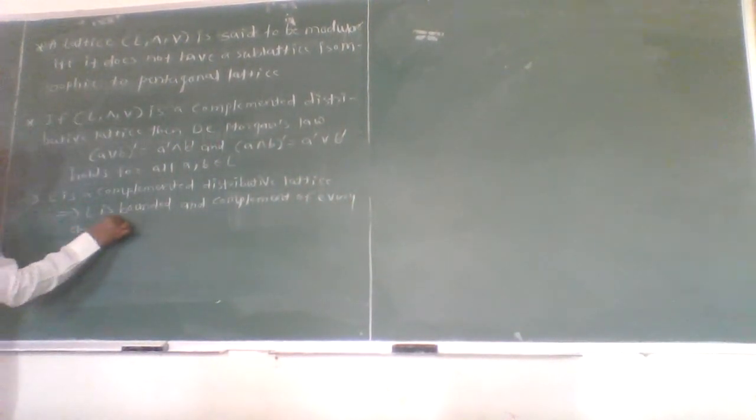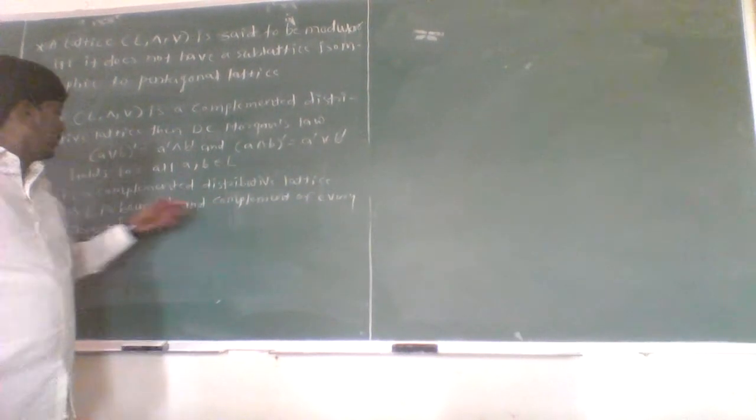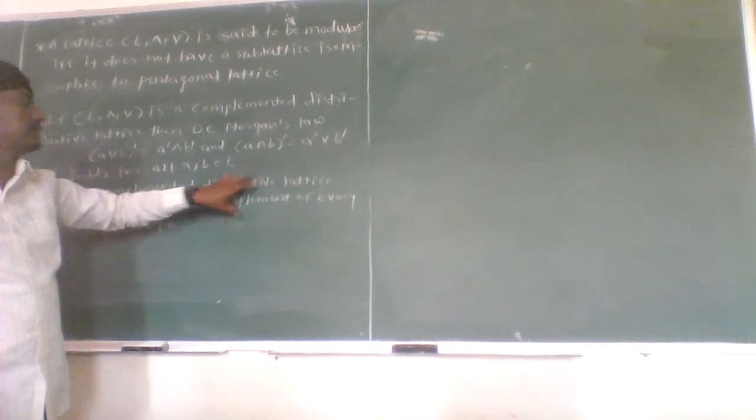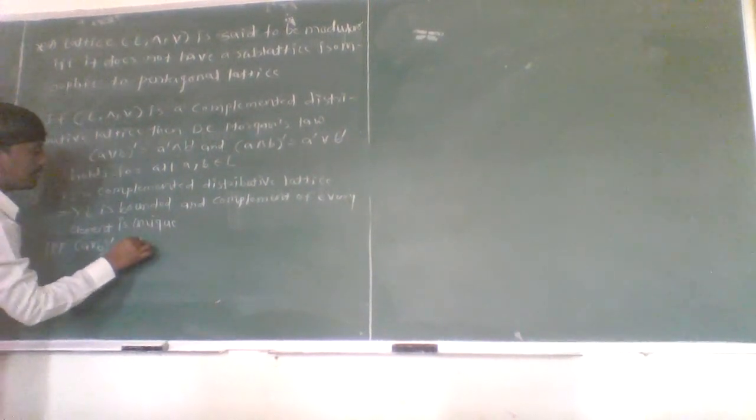Any lattice is said to be complemented if it is bounded and every element in L has a complement, which implies L is bounded. And in a distributive lattice there is one result: if the lattice L is distributive, then the complement of every element is unique. So here L is bounded, which is from the definition of a complemented lattice, and the complement of every element is unique, which is from the distributive lattice. Now, as here we have to prove that the complement of A join B is A complement meet B complement.